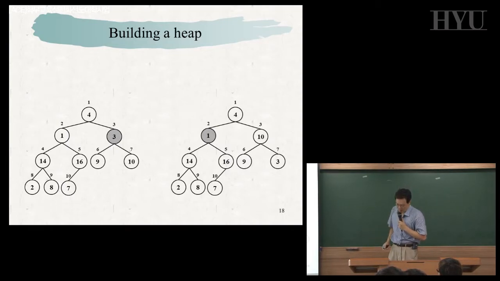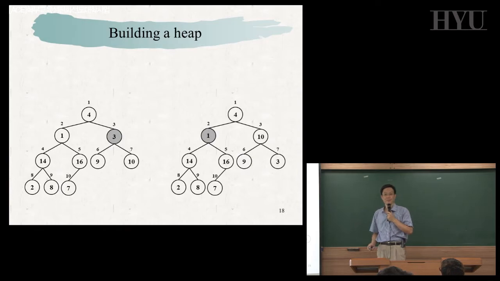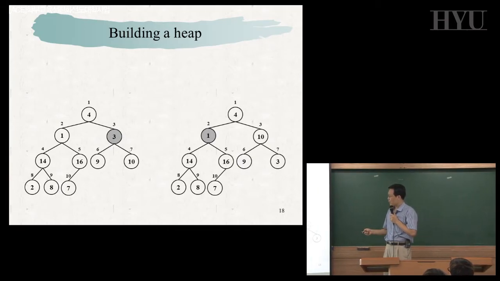And then this, the subtree rooted at 1. Okay, 16 and 1 are exchanged.